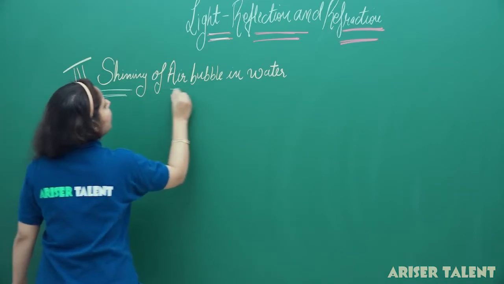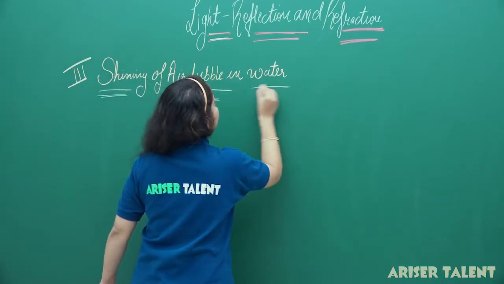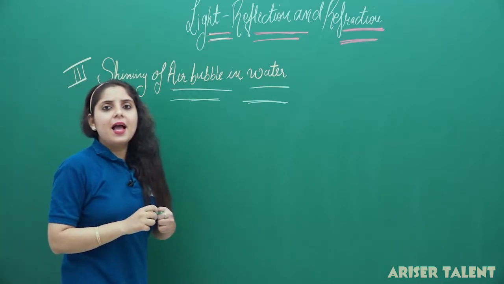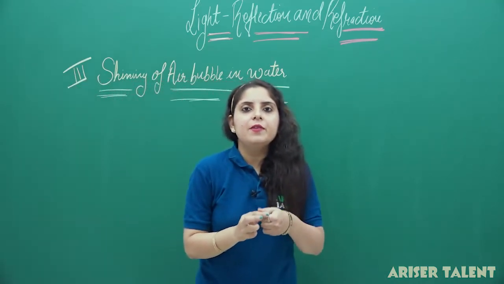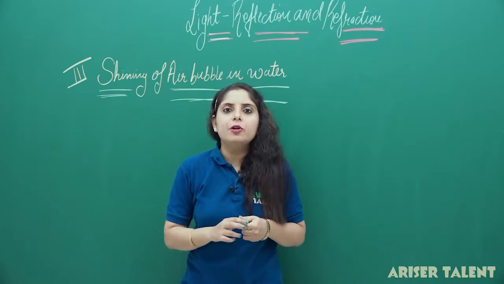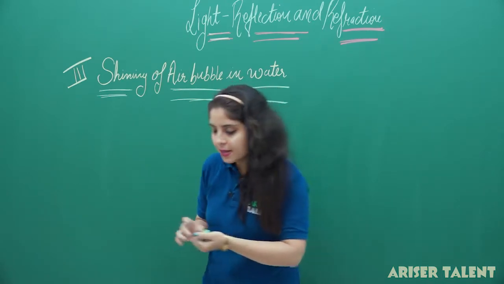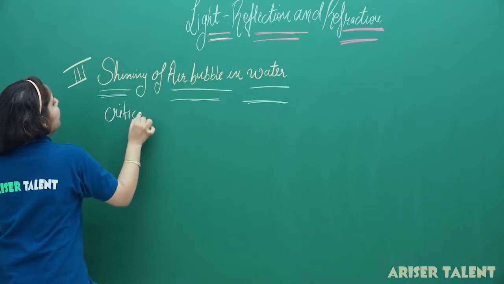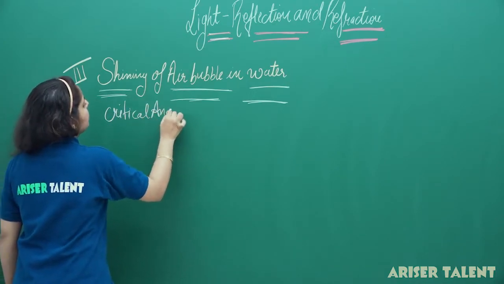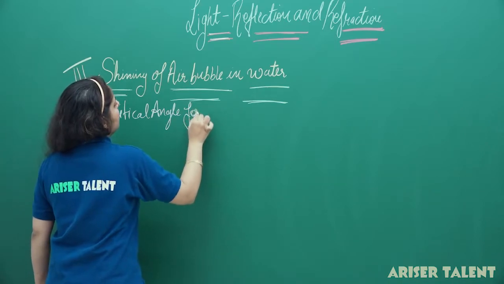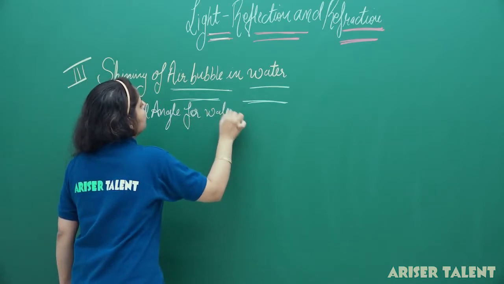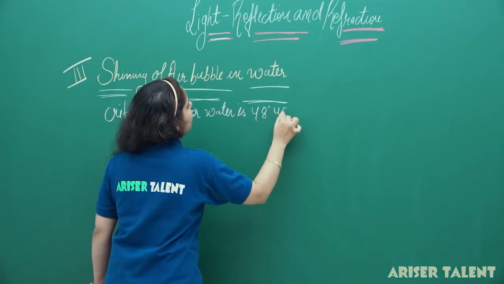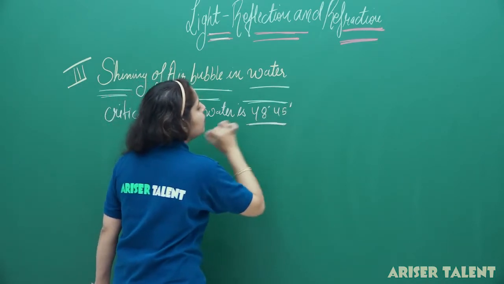Now what will happen in this case? The critical angle for water at the interface with air is approximately 48 degree 45 minutes. So we can write that the critical angle for water is 48 degree 45 minutes.